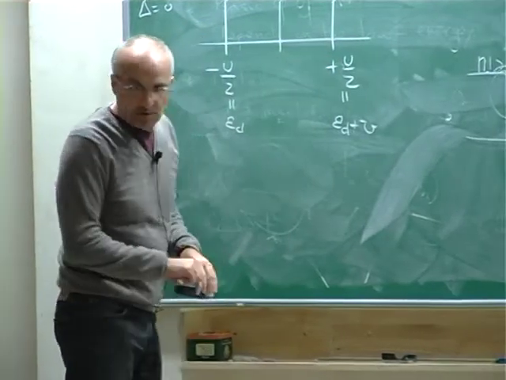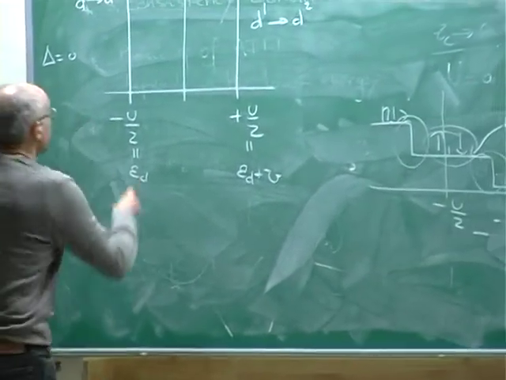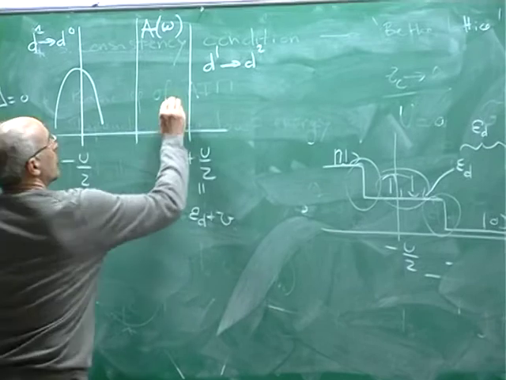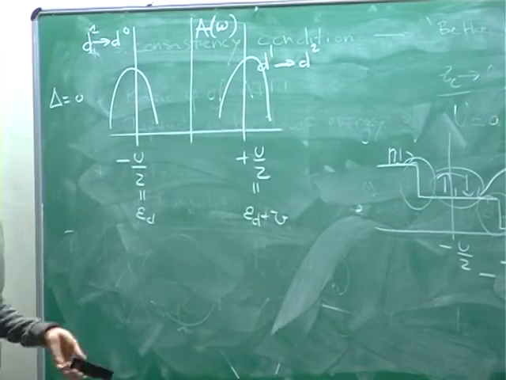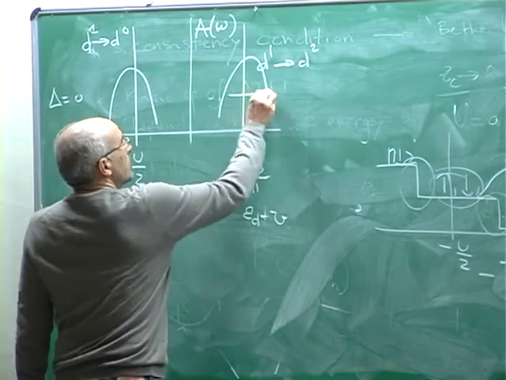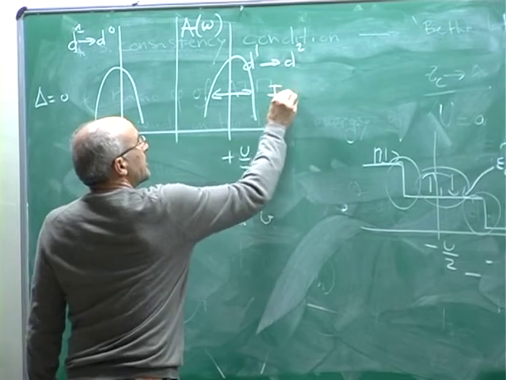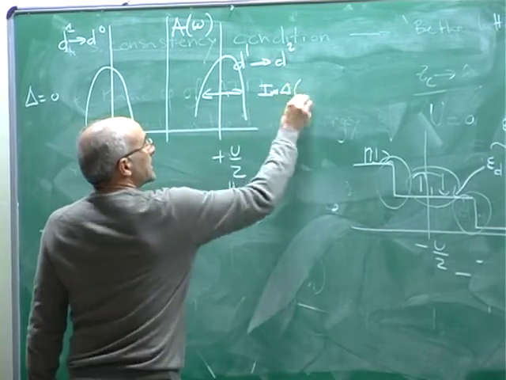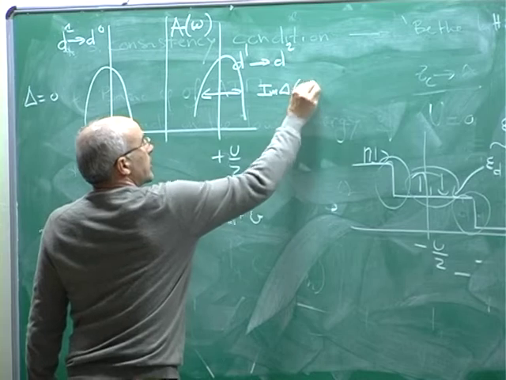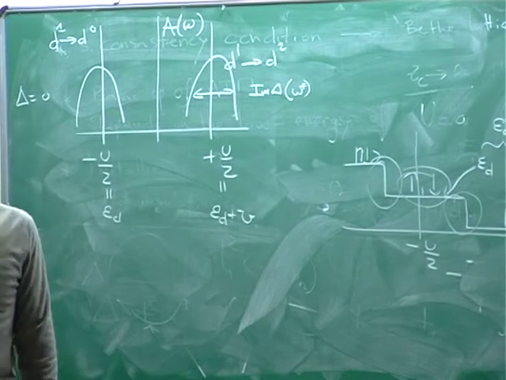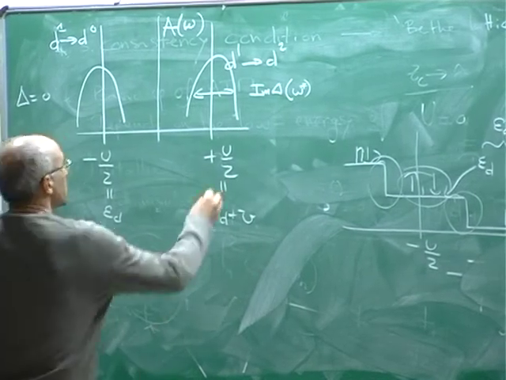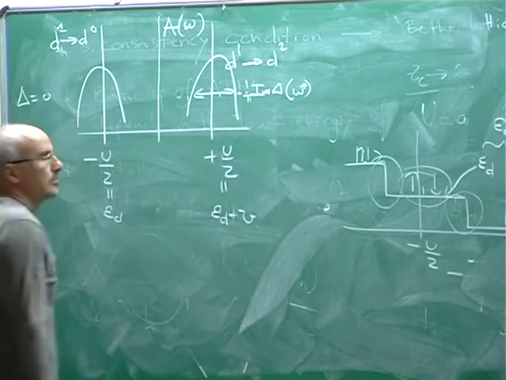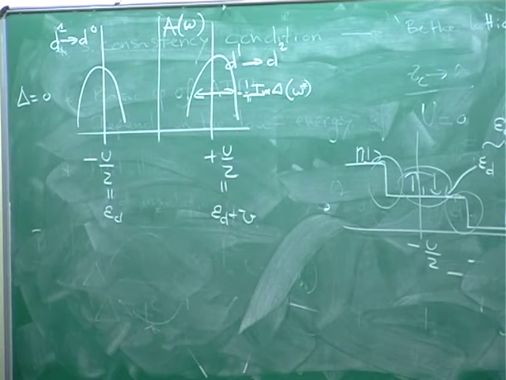So the thing you expect is that these things will become broadened, okay, with a width which is something like the imaginary part of delta at the corresponding energy that I'm looking at. That's essentially what happens. And there are minus 1 over pi's, and don't bother me about prefactors right now.